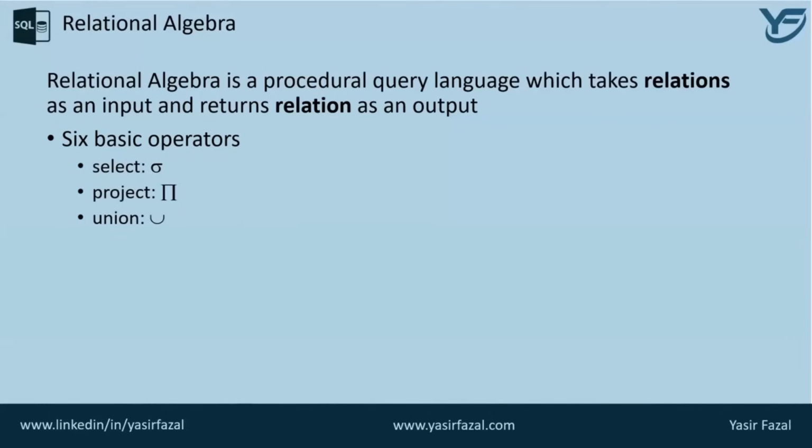Then there is the union operator, normally denoted by U. Then there is set difference, normally denoted by the minus sign. Then there is the Cartesian product, normally denoted by X. And the last one is rename, normally denoted by rho. How we apply these basic operations on relations, we will see in our upcoming blog posts.